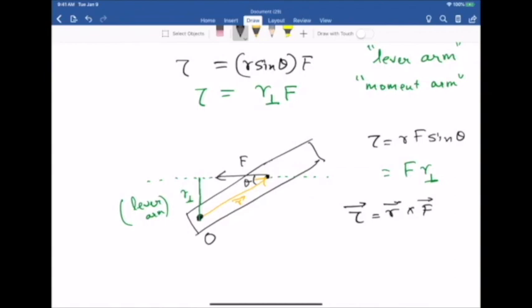Which way is it trying to rotate the object? Clearly the force F, if it has its way, is going to rotate this beam in the counterclockwise direction, right? And so we would call this torque a counterclockwise torque. CCW, I just mean counterclockwise. It's my shorthand for counterclockwise.